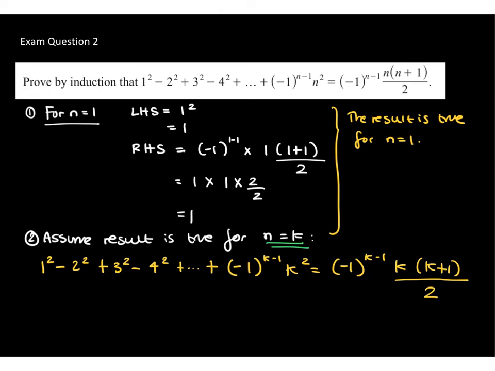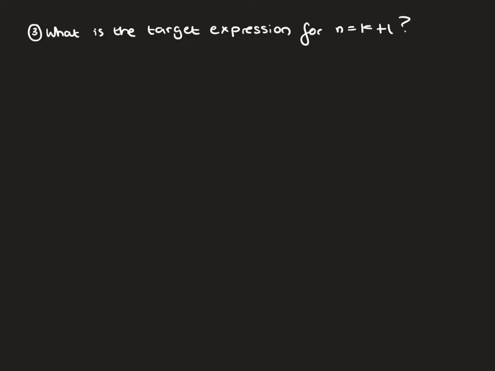So if the result is true for n equals k plus 1, what would the target result be? Well, we would expect to get negative 1 to the k plus 1 minus 1 multiplied by k plus 1 multiplied by k plus 1 plus 1 all over 2.